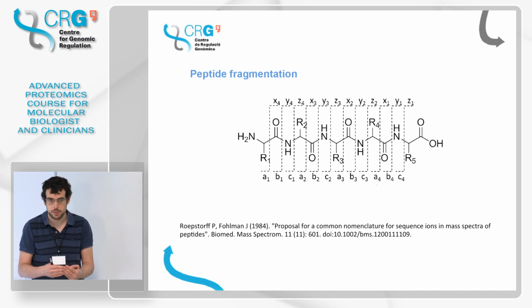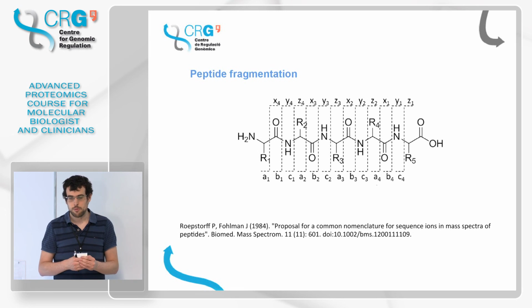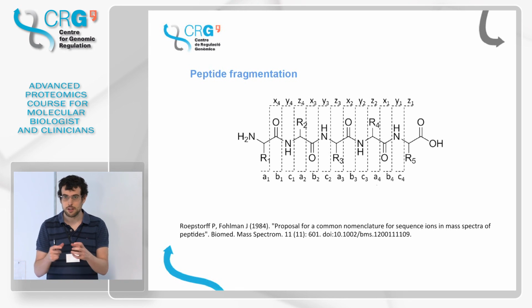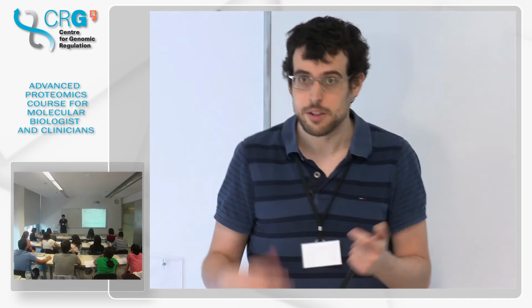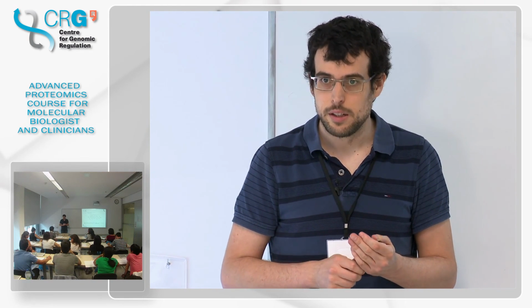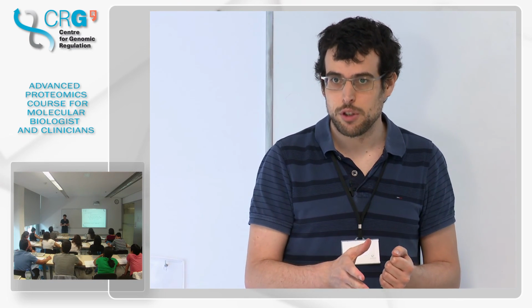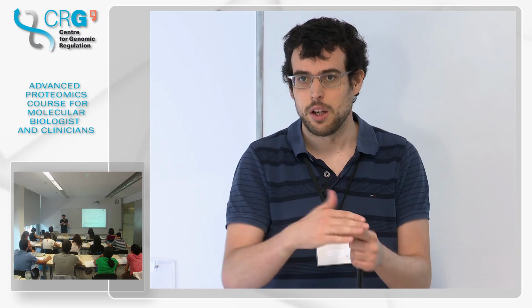For example, it has happened when we analyze other modifications, like adenosyl-based modifications, that this modification breaks in other parts and then complicates the identification quite a lot. Yes, so it can happen that if you have some modifications, like for example phosphorylation, it is one of the cases that it does not break in the backbone.